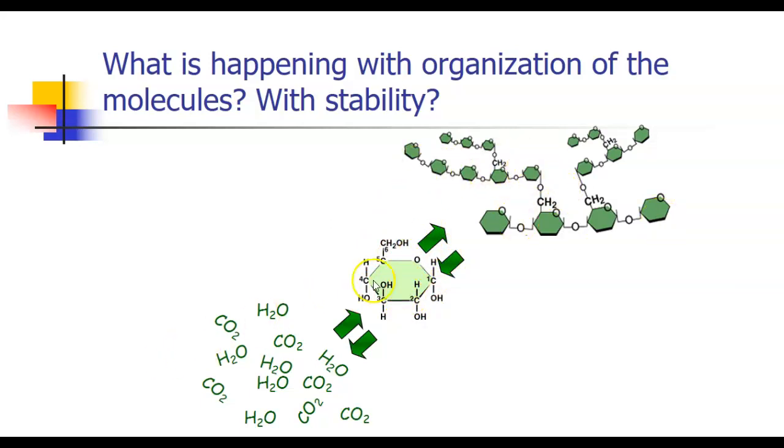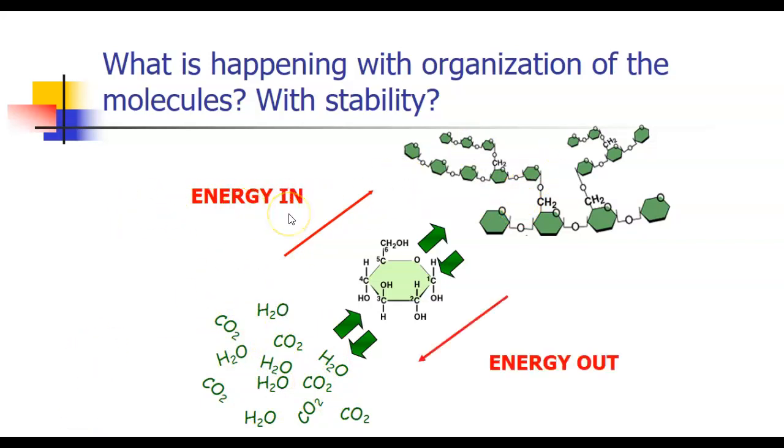We want to be able to think about these molecules in their actual form and thinking about which is more stable, which is less stable, which has more energy, which has less energy. So to build up from this highly disordered or high enthalpy state into this highly structured state, you need to be putting energy in. When our muscles break down glycogen into glucose, we are getting that energy out.